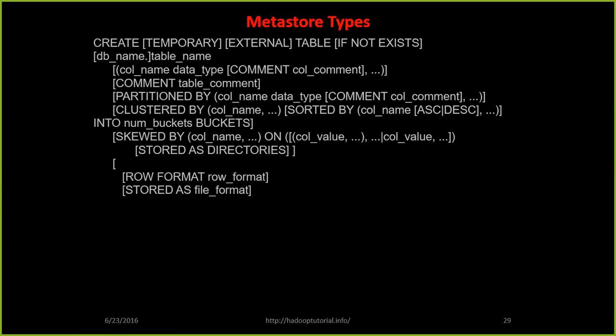Whatever delimiters you have in your input file, you can specify all of them using this row format delimited, followed by fields terminated by, collection items terminated by, map keys terminated by, and lines terminated by, the four extra clauses.